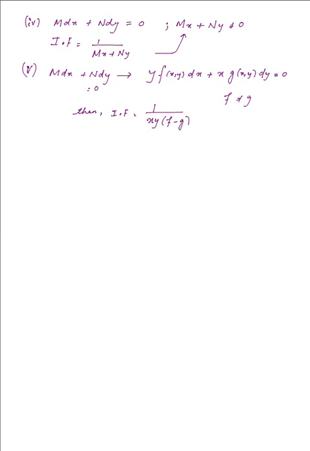So if f was equal to g, then the denominator would go to 0 and this would be undefined. So that is why f must not be equal to g.